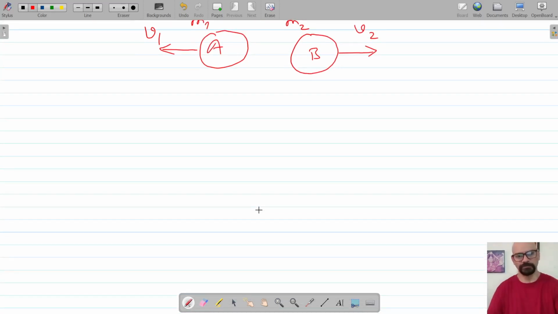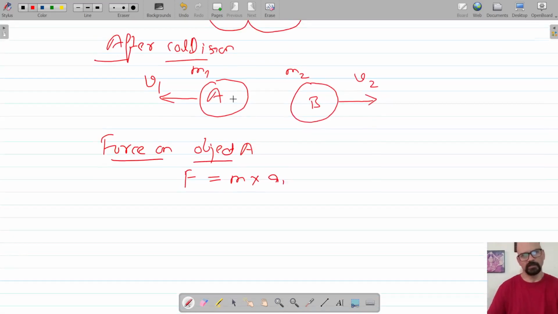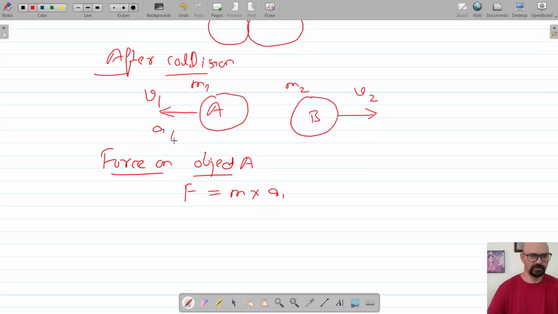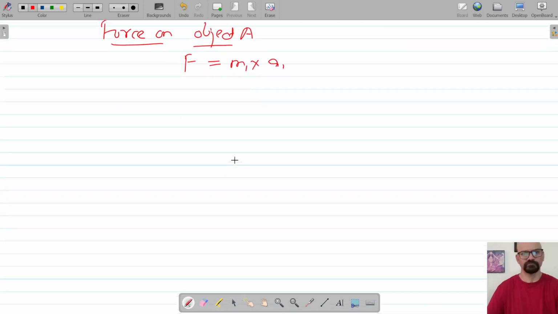Let's try to calculate the forces. The force on object A is given by mass into acceleration. After collision, let's say A moves with acceleration a1 and B moves with acceleration a2. So the force on object A will be m1 into a1.